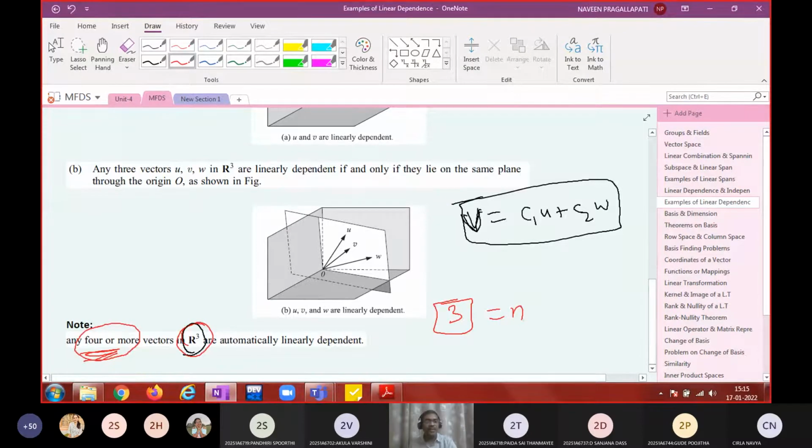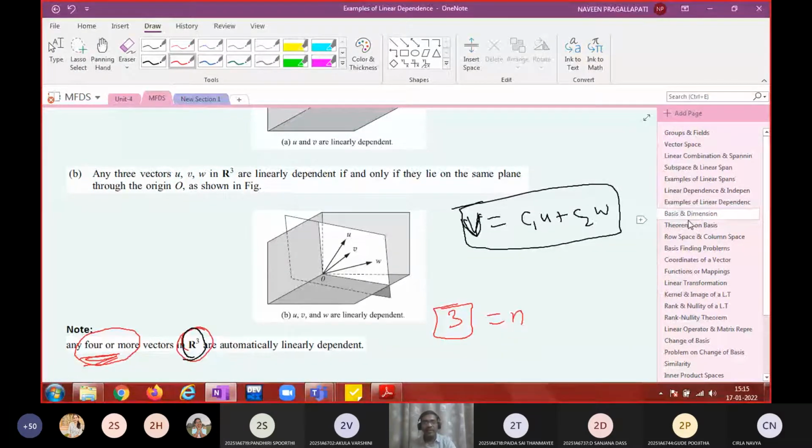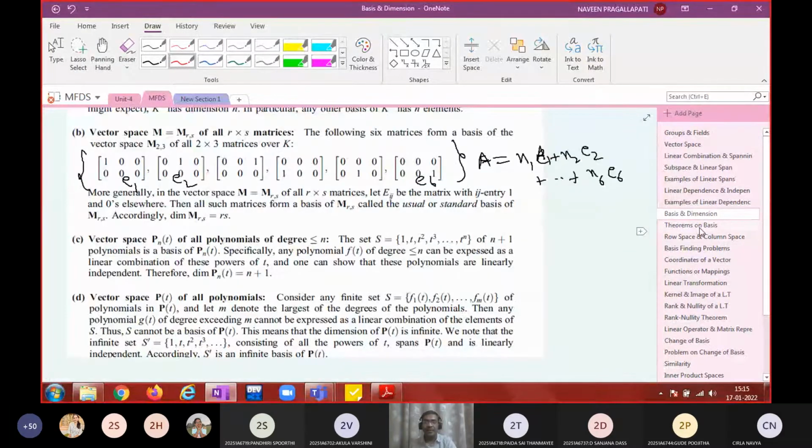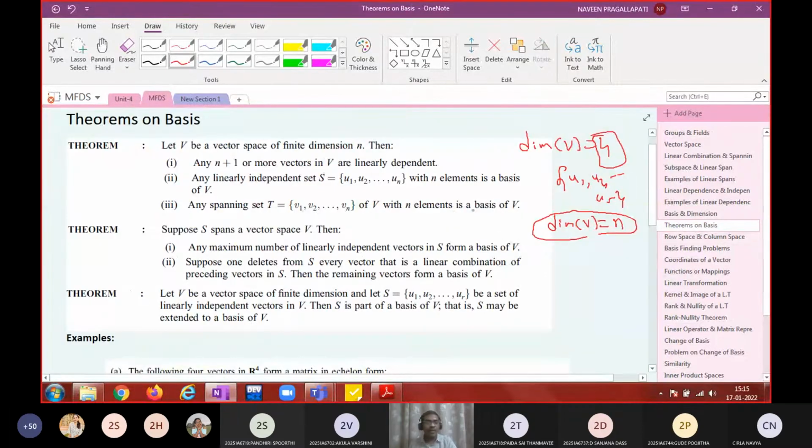Therefore, 4 or more vectors naturally form a linearly dependent set. And if you take a set of vectors less than or equal to 3, you cannot say they are going to be dependent or independent. You have to test. But any set of more than n vectors, where n is the dimension of the space, is automatically a linearly dependent set.